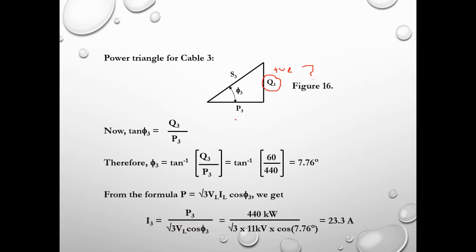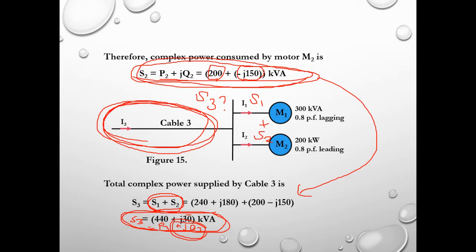Then when we come to the power triangle, we can simply write the positive value of Q3. So now tangent theta 3 is equal to Q3 over P3, and then we can directly get the angle theta 3 as arctangent of Q3 over P3, substituting the value of Q3, 60 from here.